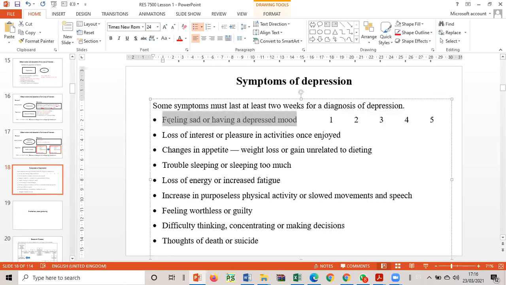Basically, it's qualitative. But once I put how you feel on a scale of 1, 2, 3, 4, 5, where 1 means not at all and 5 means all the time, then you know the level of feeling of sadness or depressive mood. But in quantitative, I don't ask why you feel like that.